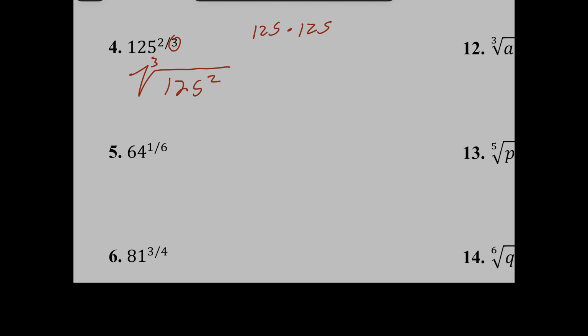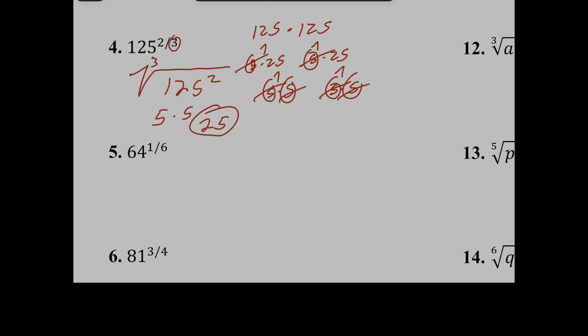So this is 5 times 25, and this is 5 times 25. Then 25 is 5 times 5, and that's 5 times 5. Now, 1, 2, 3, I pull out a 5, and 1, 2, 3, I pull out another 5. My answer is 25. Learning that 125 to the 2/3 equals that is what I was trying to get you to.